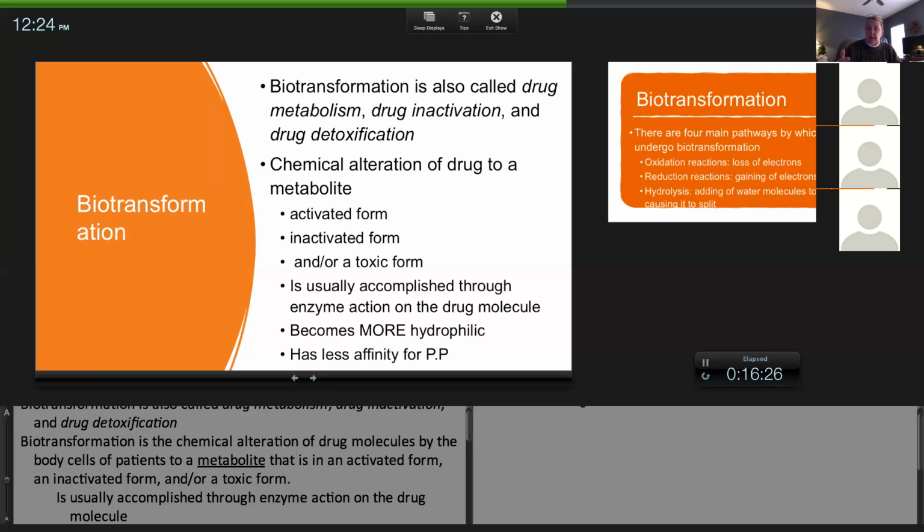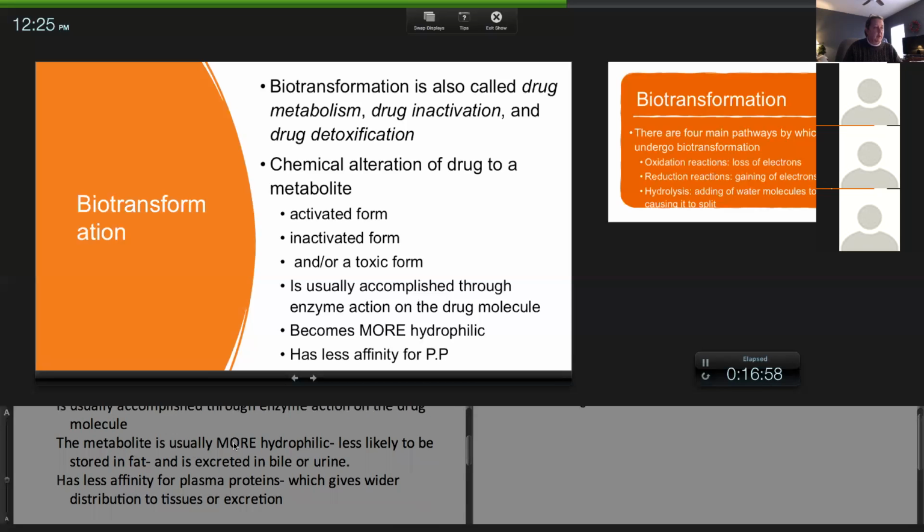Now it's not an active drug. It can potentially turn into a toxic form, so toxic metabolites we worry about. But there are enzymes that work on the drug and alter its chemical makeup, and that changes its properties. So biotransformation, or inactivation, is the body using enzymes to change it into another form.